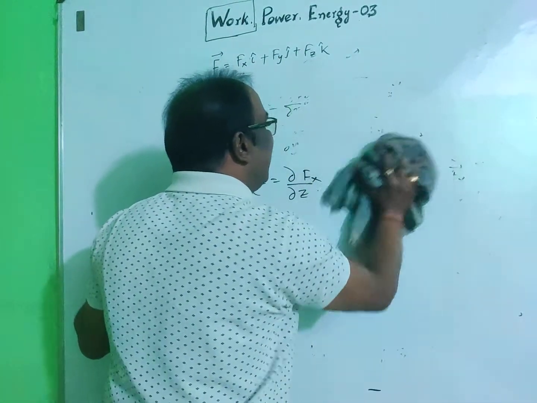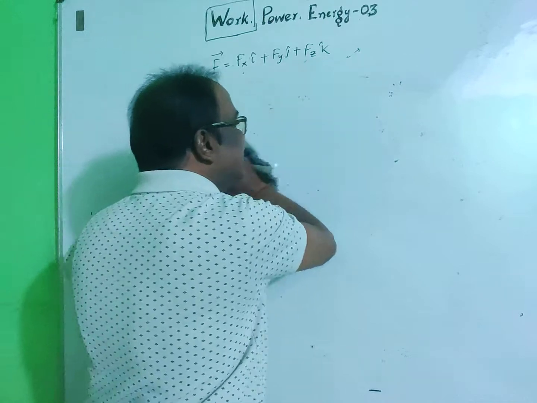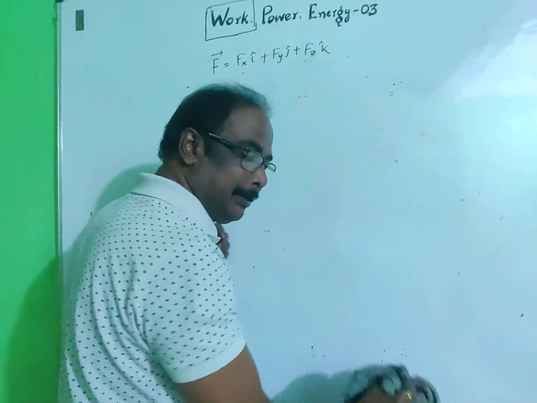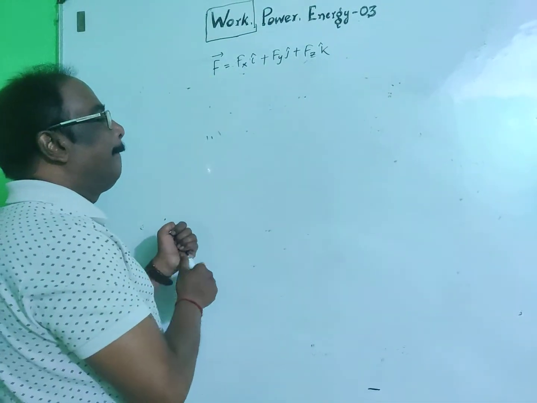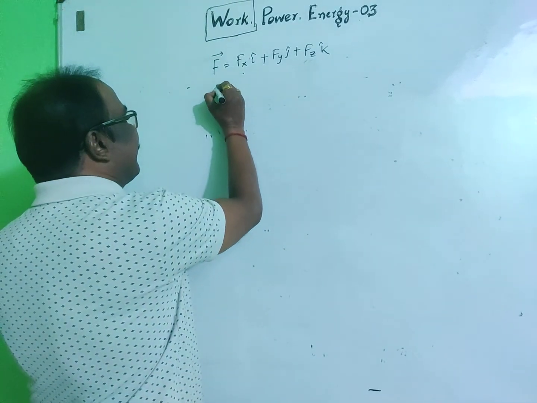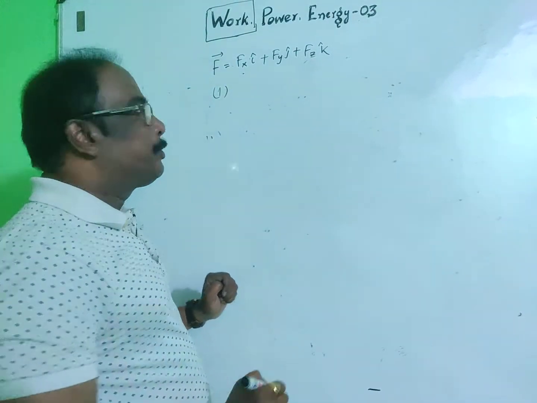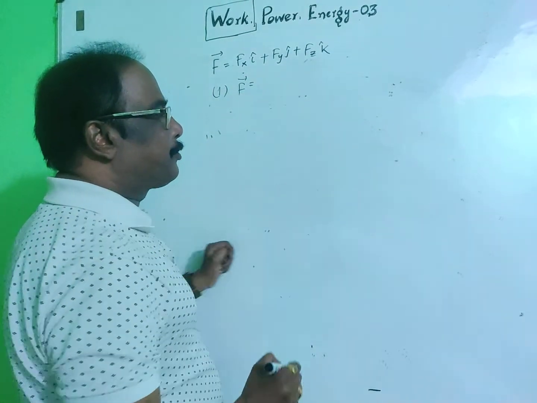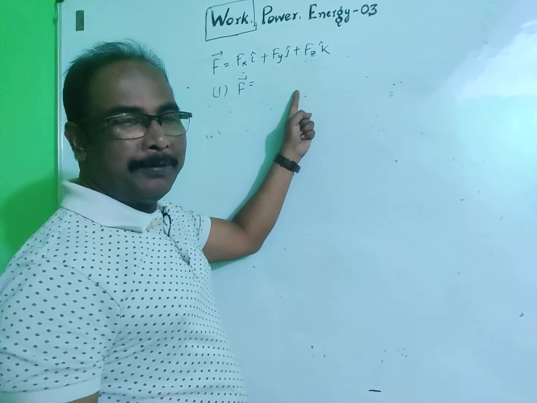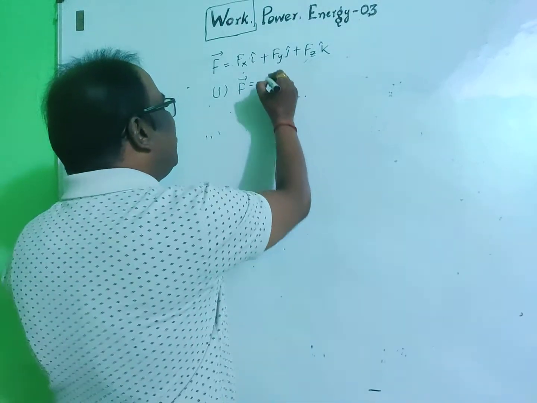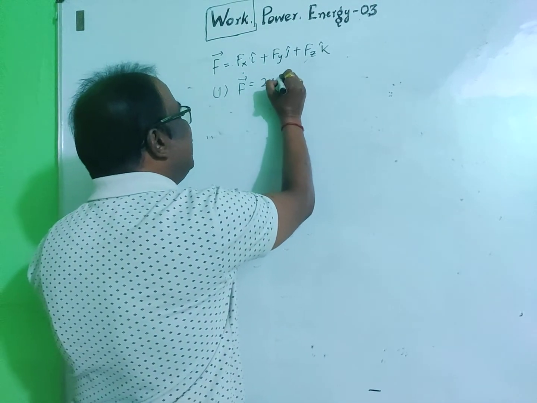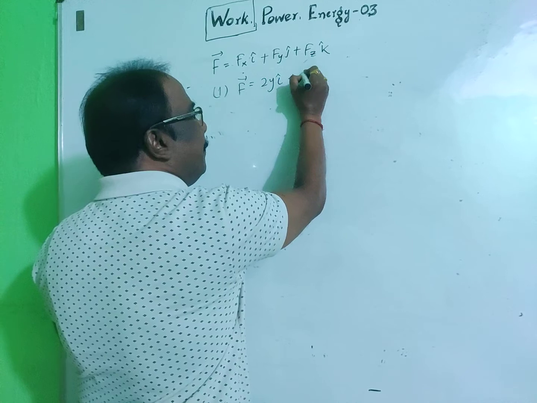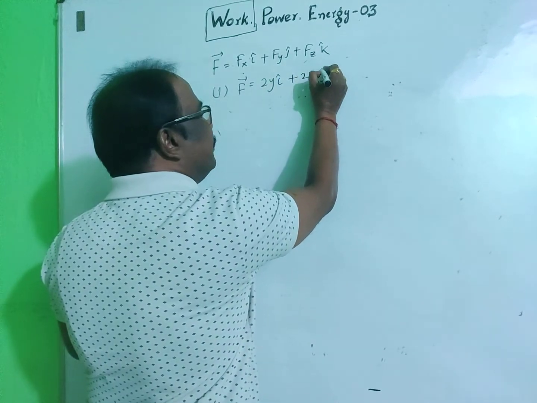Then some example discussion on the basis of these conditions. Okay. Number one. Suppose a force is given like this. Suppose force is given as 2y i cap plus 2x j.